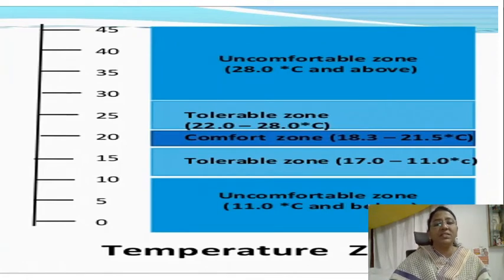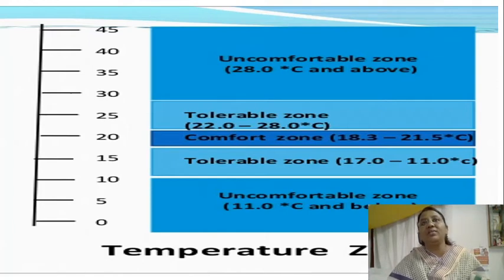And we can see here the temperature zone which is optimum for the growth of the birds. Uncomfortable zone is 28 degrees centigrade and above. At these conditions, birds cannot tolerate. And what is the temperature that is required for the growth of the birds? It is 22 to 28 degrees centigrade.